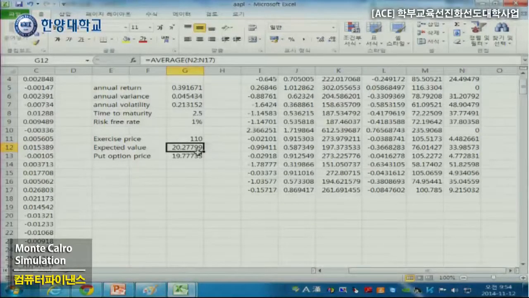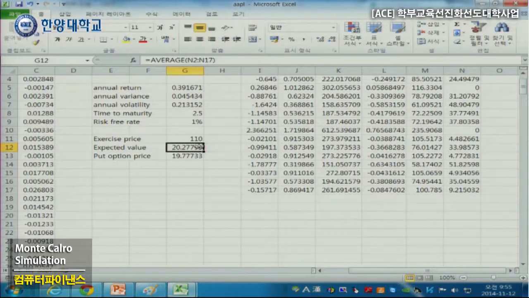Actually this is an average, but because of the law of large numbers, the average of a large sample will converge to the expected value. Then we are going to get the correct put option price. So if we simulate an infinite number of times, this put option price will converge exactly to the price from the Black-Scholes formula.